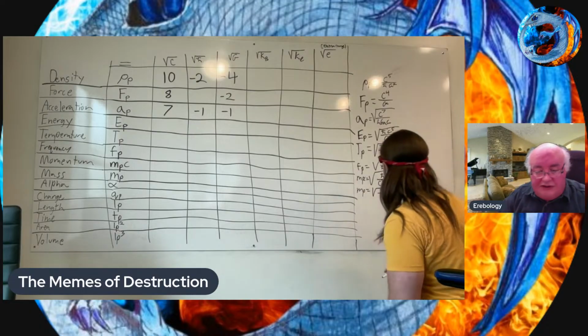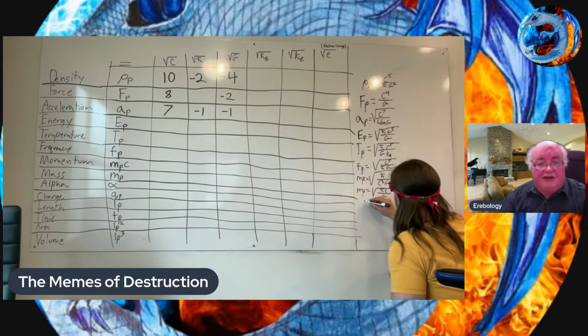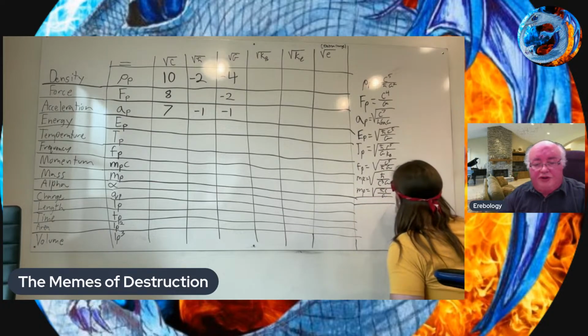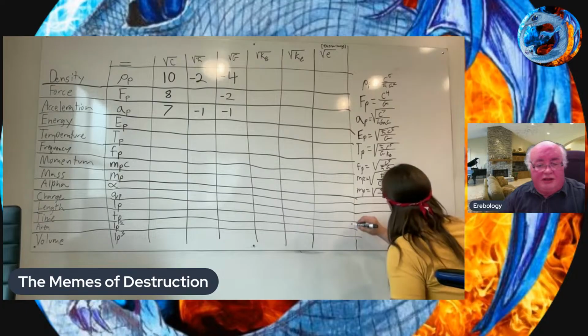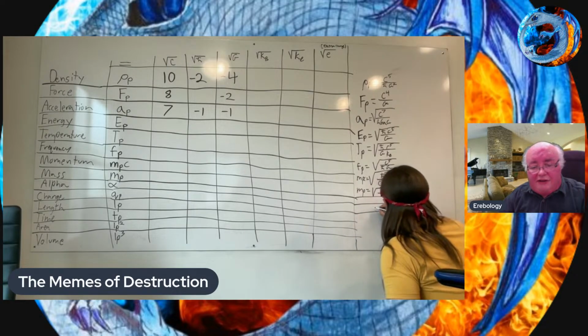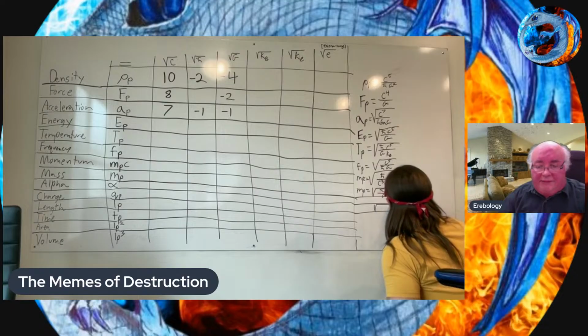Okay. Alpha, I'm going to skip alpha for a little bit. We'll come back to alpha. We'll do charge. It is everything under the radical 4 pi epsilon naught h bar c.